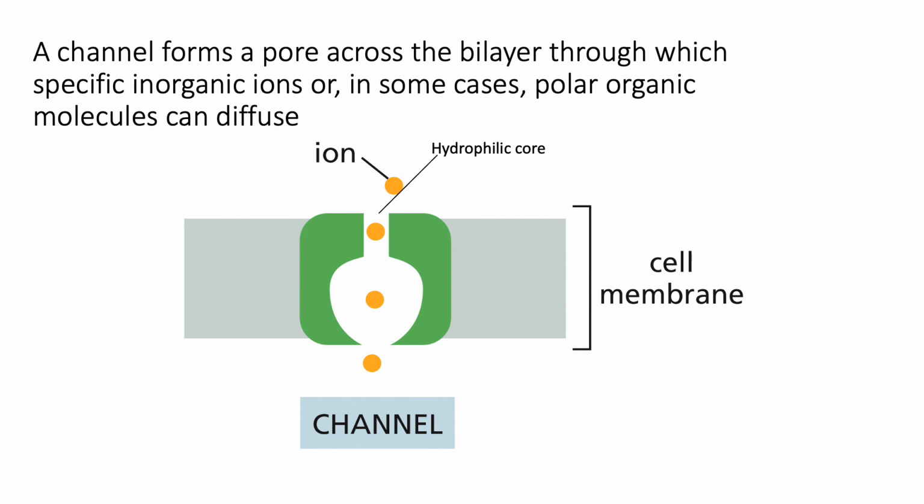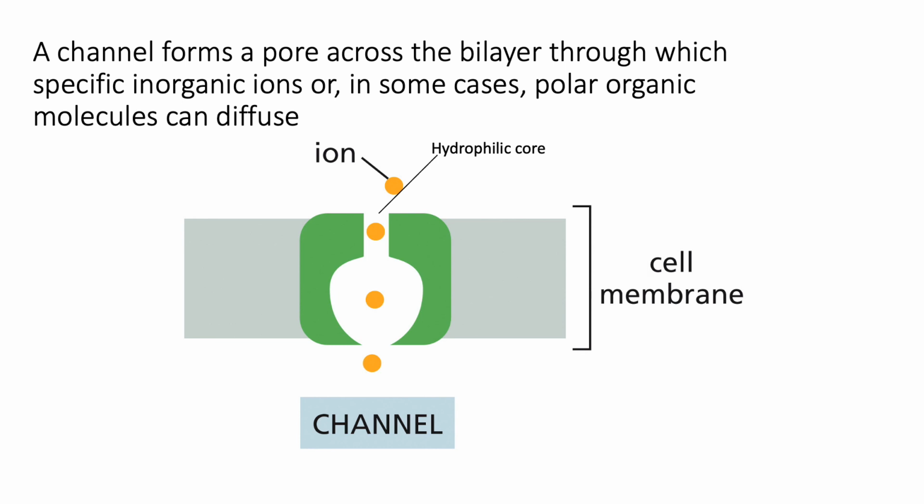So they're highly specific. They pass through what is called a hydrophilic core. Sometimes it's referred to as a water-filled core. And so what's the basis of that pore, or that hydrophilic core that allows the passage of these ions through the membrane?